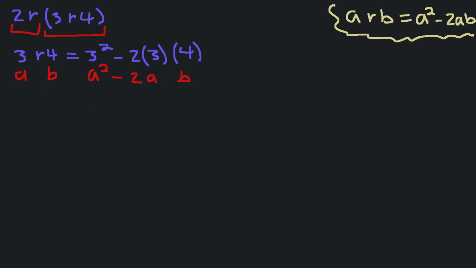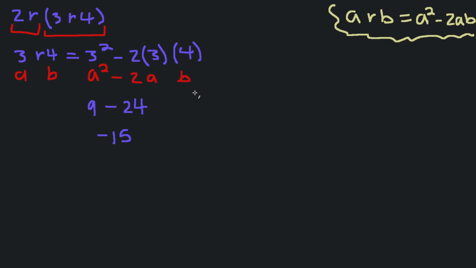Okay, so now let's simplify that. So 3 squared is just 9 minus 2 times 3 times 4. 2 times 3 is 6 times 4 is 24. And 9 minus 24 is -15. Okay, so that's the first part of this.